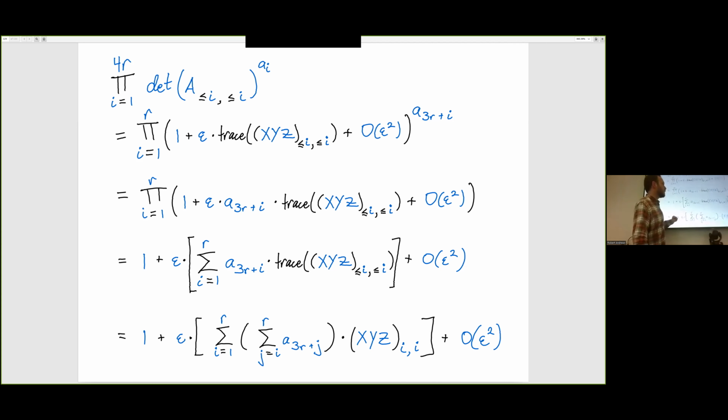One way to see this is, let's think about what is the coefficient on the 1, 1 term here. The 1, 1 entry of the product appears in every term here. It appears in the matrix on the first row and column, on the first 2 rows and 2 columns, first 3 rows and 3 columns.